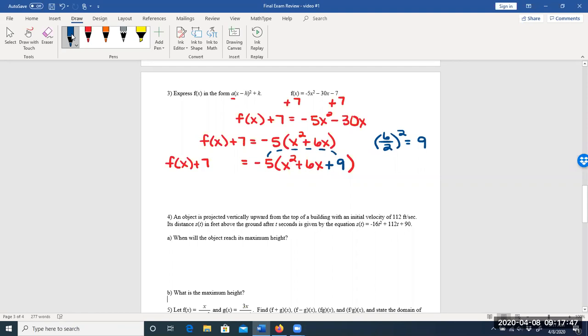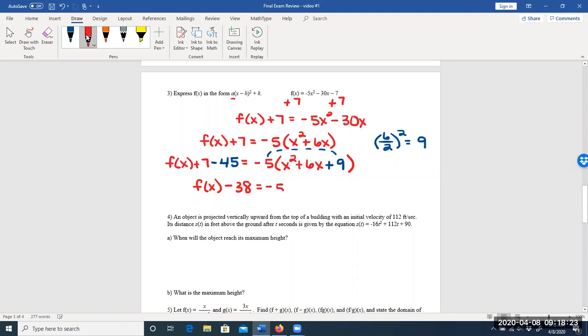It's actually an effect of adding a negative 45, or subtracting 45, same thing. So you're going to have to distribute the multiplier in front to see what effect that has on the right-hand side. To balance things out, I actually had to subtract 45 from the left-hand side. 7 minus 45 would be a negative 38.